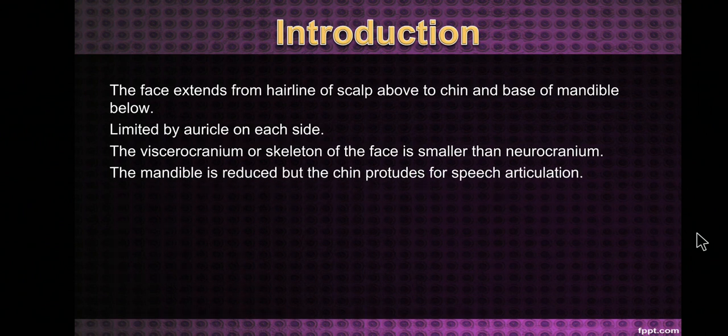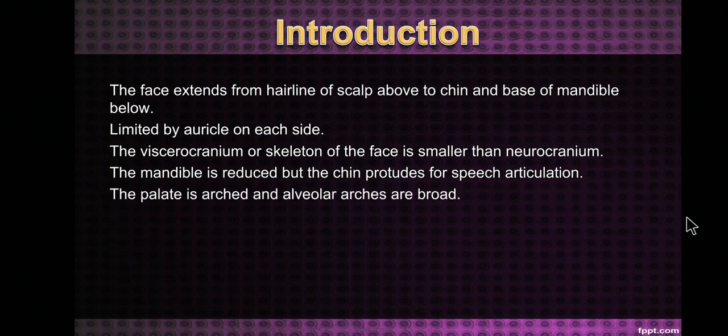Then other thing is the mandible is actually pushed backwards. The lower jaw is not protruding. Only the chin protrudes. So, our chin actually protrudes, whereas the remaining part of the mandible is pushed backwards. Not only that, our alveolar arches are wide or broad, and our palate is an arched palate.